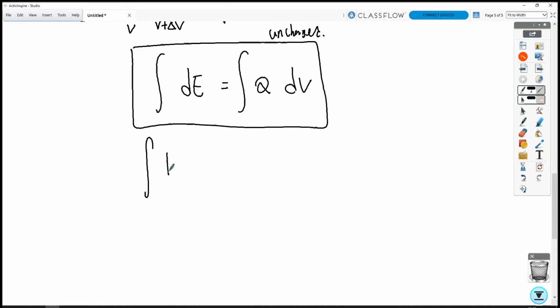So the integral of dE is equal to the integral of Q, which is CV, dV. And if we're evaluating this from V equals 0 up to some arbitrary value V, we can put our limits in as 0 and V.